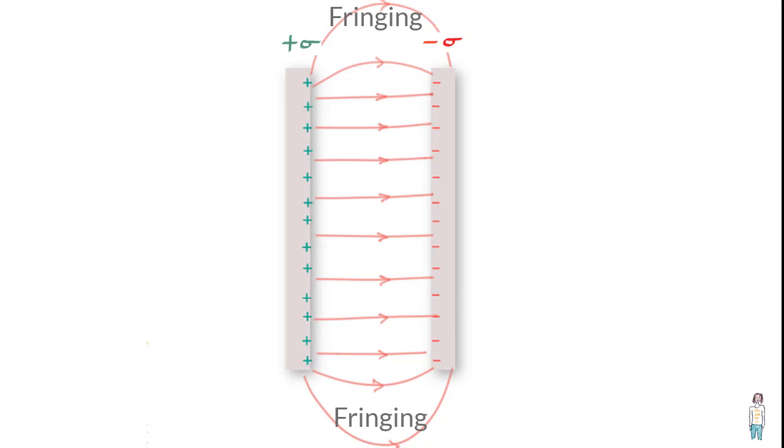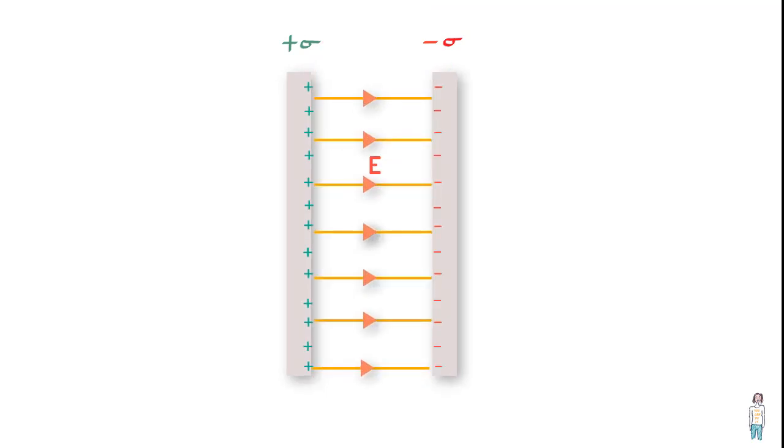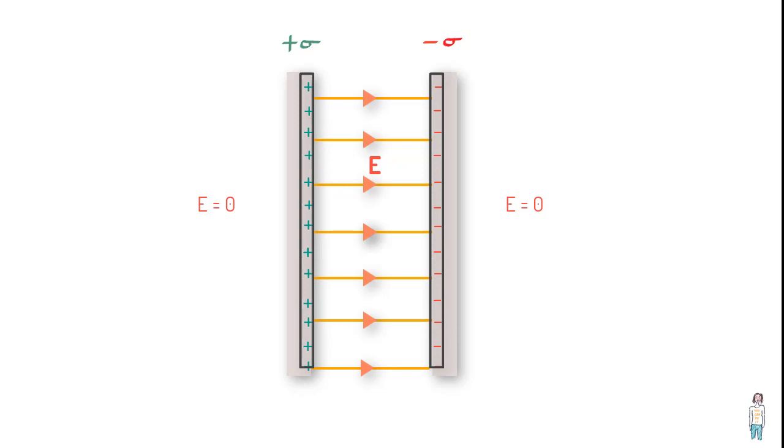We can then assume that the field between the plates is uniformly distributed and the electric field points from positive to the negative plate. Under such conditions, we can also assume that the electric field outside would be 0, since all the charge has accumulated on the inner side of the plates.